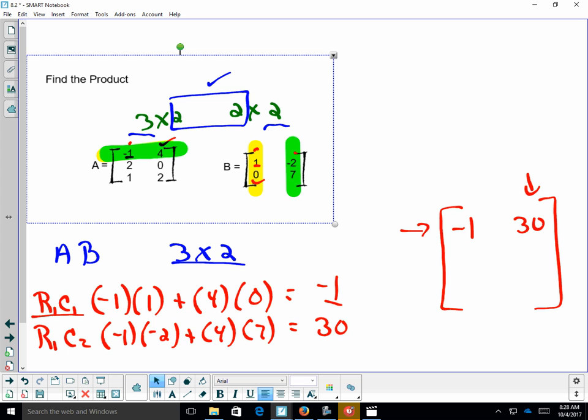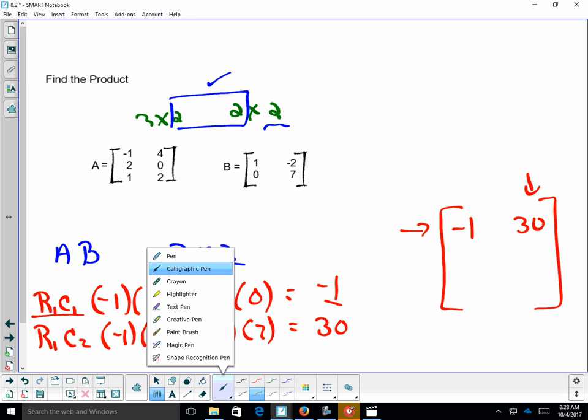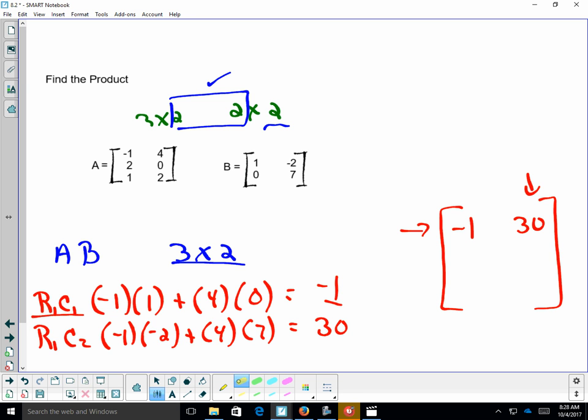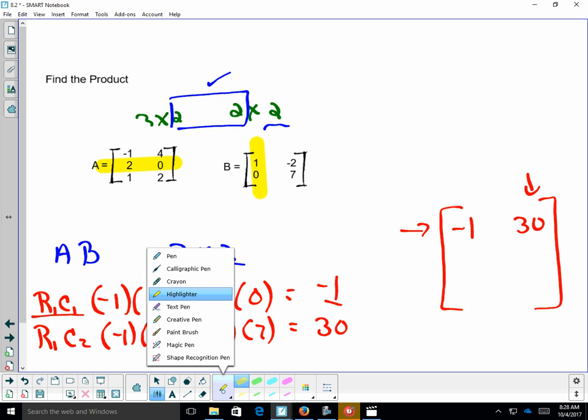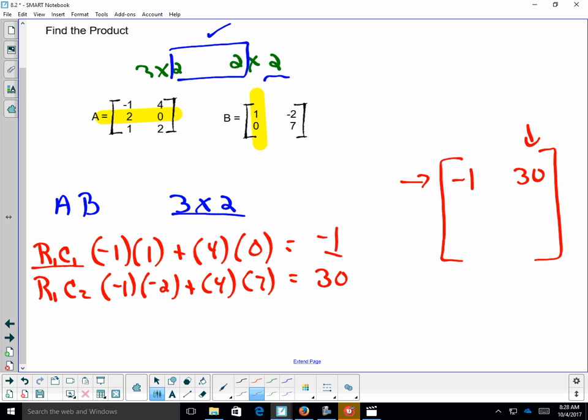So now what I'm going to do, I'm going to erase these for a second so I have a clean slate. I've handled row 1, so now I'm going to start with row 2. I'm going to take row 2 and multiply it by column 1. Writing myself a note. And we can switch colors. I'm going to do row 2 times column 1.